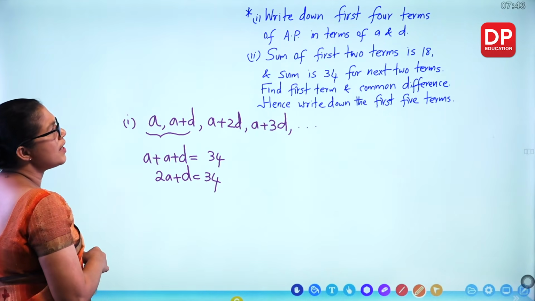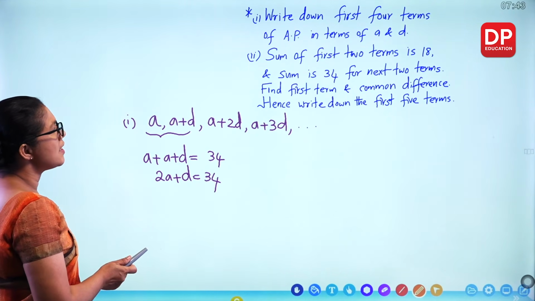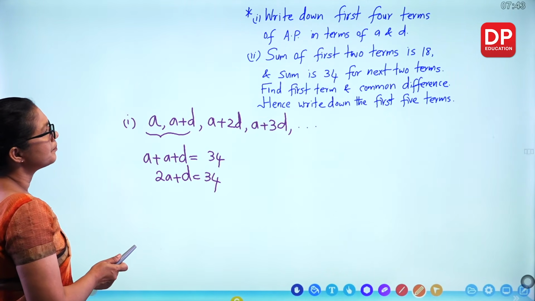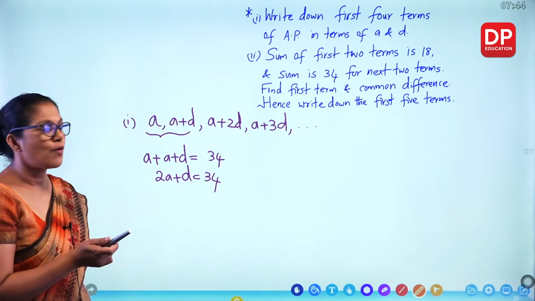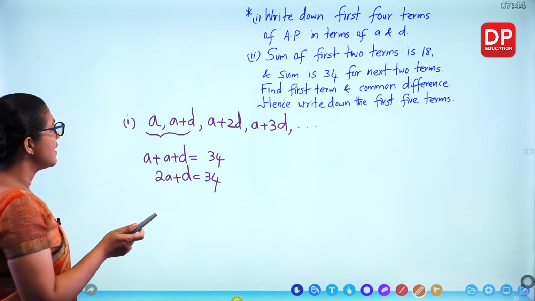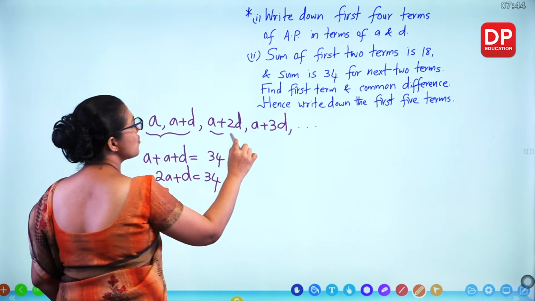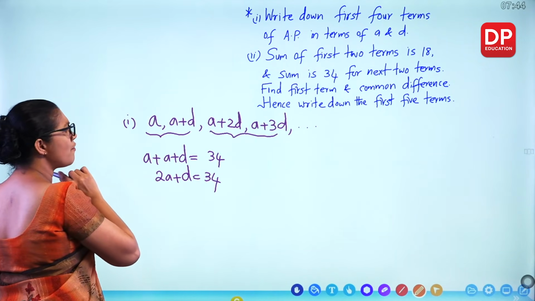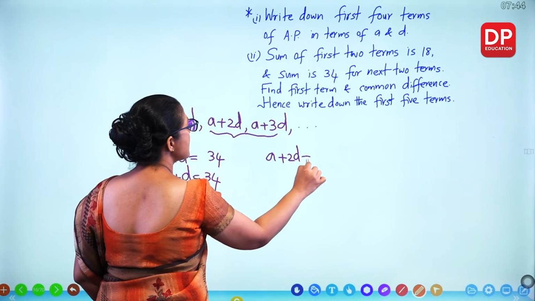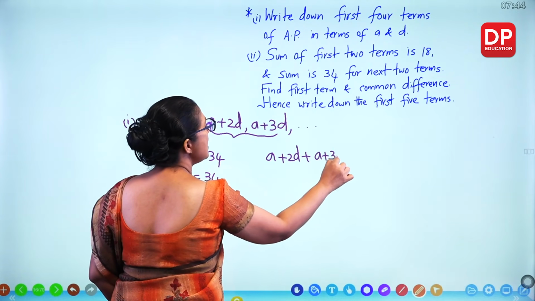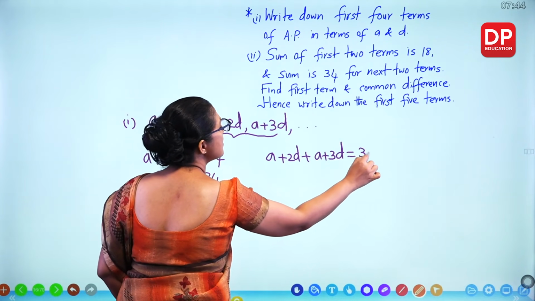Then what's the next one? For the next 2 terms, the sum is 34. What does it mean? The next 2 terms are these 2. The sum of the next 2 terms, A plus 2D plus A plus 3D, is given as 34.